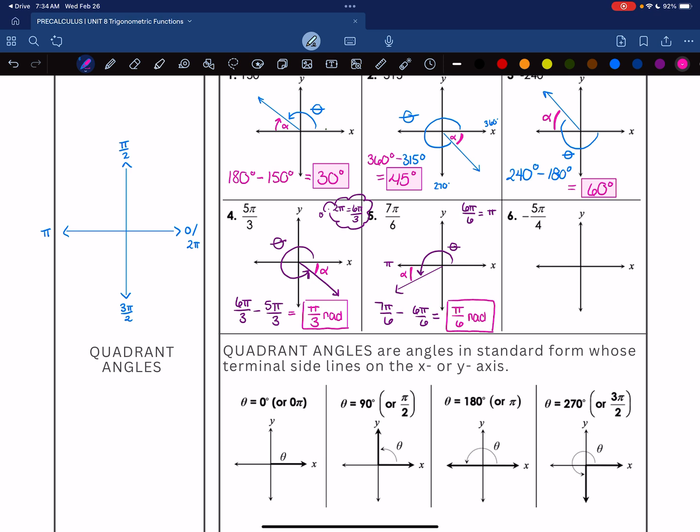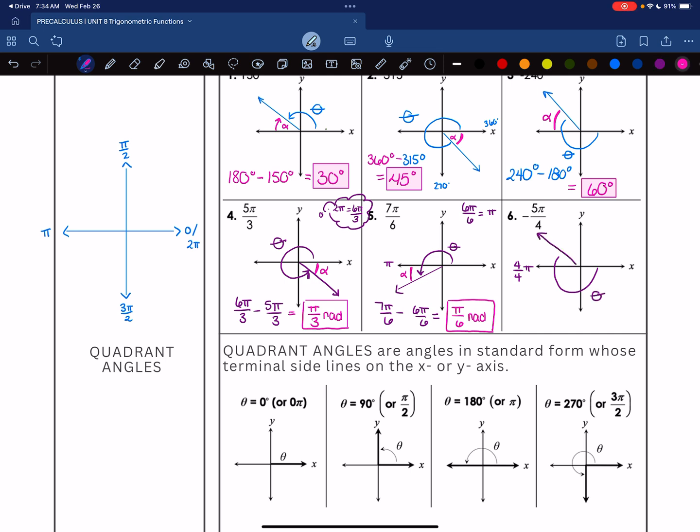And lastly, 5 pi over 4. Okay, well, think about this. We're going in a negative rotation, but just how much is 5 pi over 4? Well, halfway would be 4 pi over 4, right? 4 pi over 4 is the same thing as just 1 pi. So if we went 5 pi over 4, that means we went from here all the way around, and we would go 1/4 more.